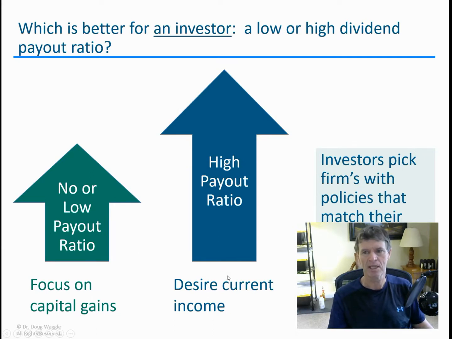If, let's say 10 years from now, I'm retired and I want some cash flow from my portfolio, I would look maybe for some companies that paid regular dividends. So different investors can pick the companies they like based on, among the characteristics here, the dividend payout ratio. Alternatively, I could sell stock as I needed it, so I could go either way if I wanted cash flow.